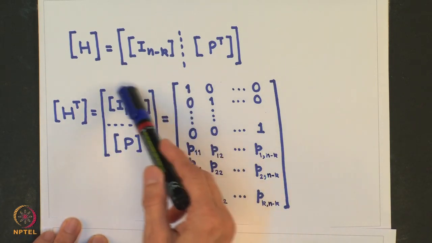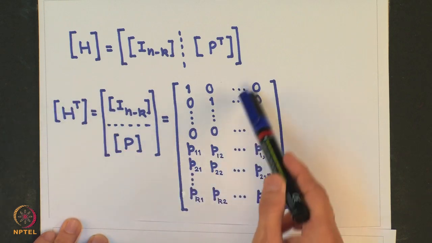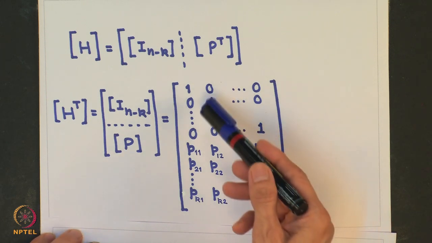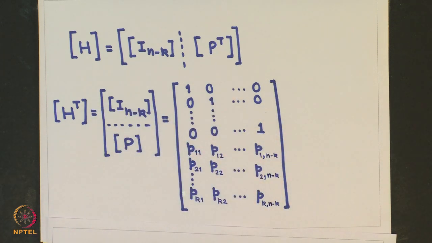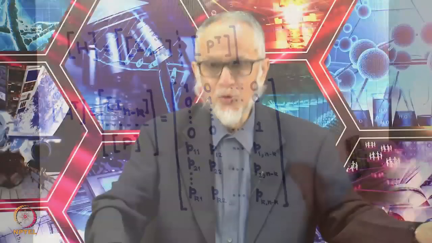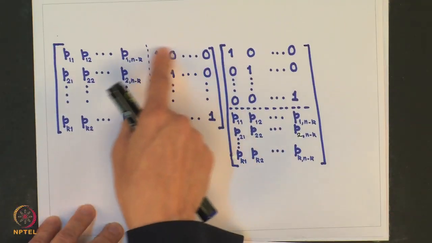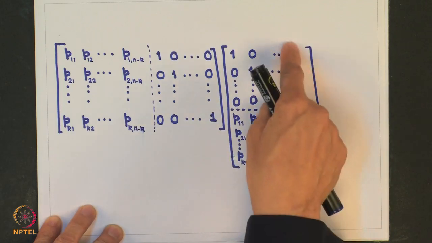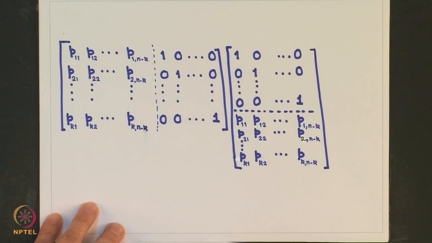So, if we substitute the values for that, H transpose matrix is as shown here. Now, once we write H transpose matrix and G matrix, it is easy to see that G H transpose is equal to a 0 matrix. So, this slide clearly demonstrates that G H transpose, this is G matrix and this is H transpose, is equal to 0.